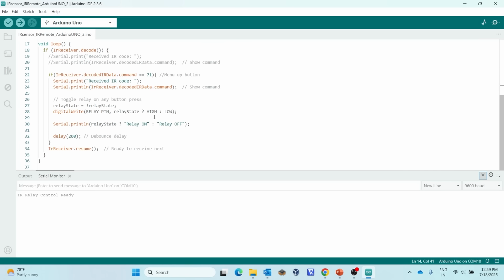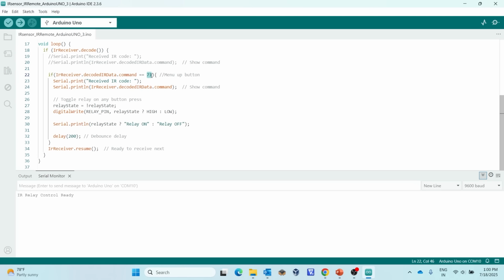Only change is in the loop logic. What I have written is, if receiver.decode, if an IR is being received, I will match it with my data first. So here I have taken 71. Why I have taken 71 is because I found that for the menu up button on the TV remote, it is transmitting 71 as the data on the serial monitor.